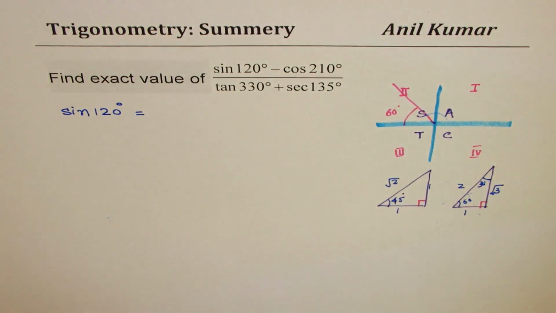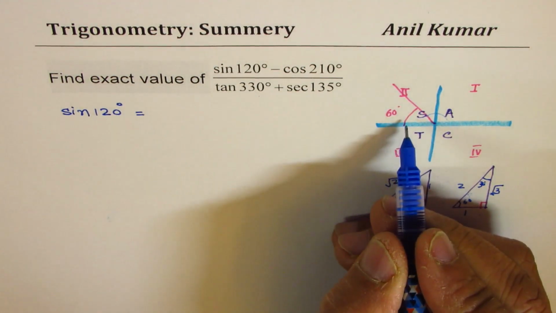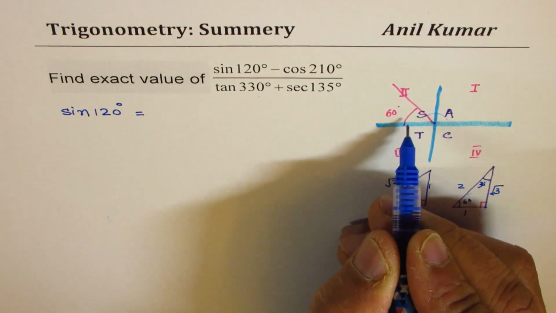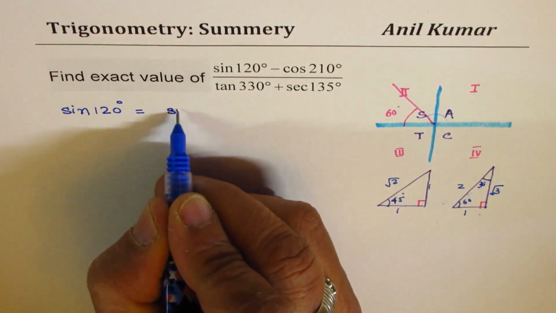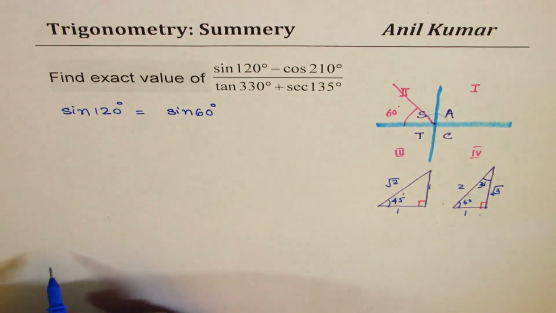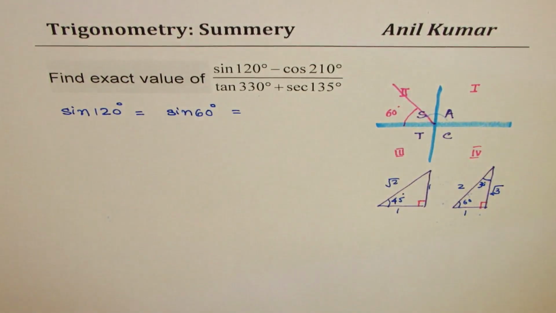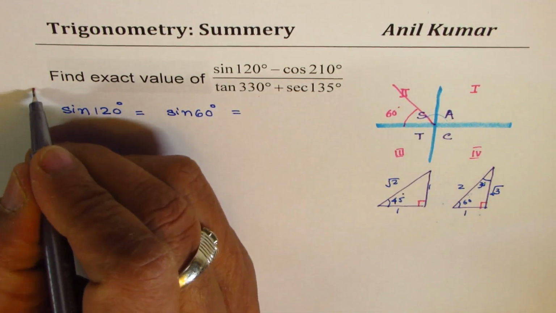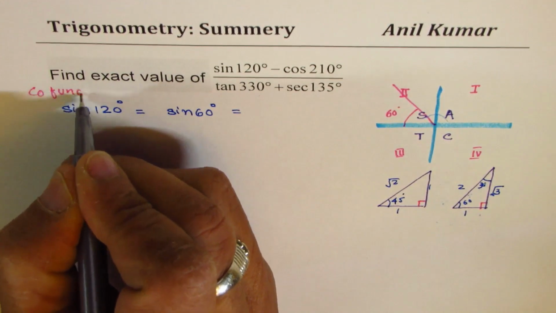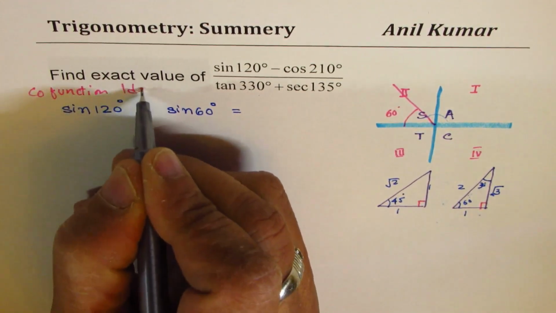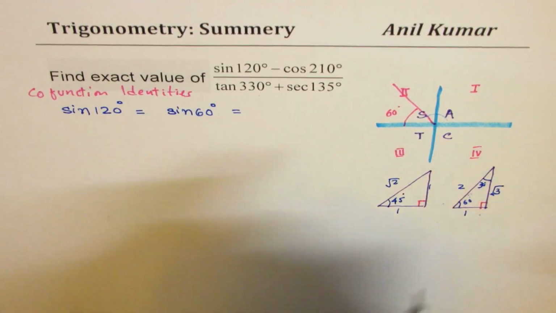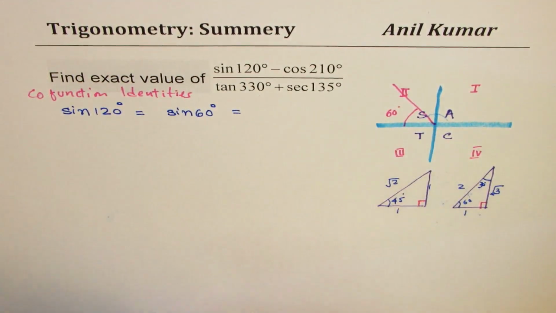Since you are in quadrant 2, you could write sine 120 degrees as equal to, in terms of the acute angle, which is 60, sine of 60 degrees. So we are using related acute angles, doing cofunction identities, and writing all this in terms of the related acute angle.